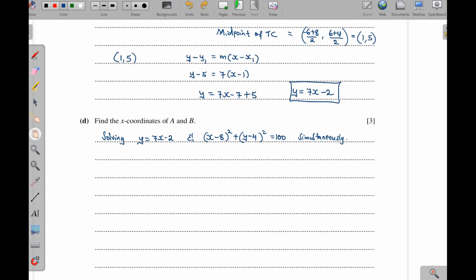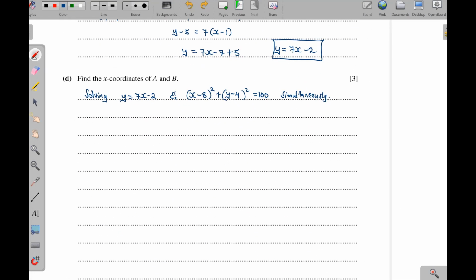So let's go. Now, where there is y, you can use substitution method. So just substitute this 7x minus 2. So that means we shall have x minus 8 squared, then plus, this is 7x minus 2, then minus 4 squared, which is equal to 100.